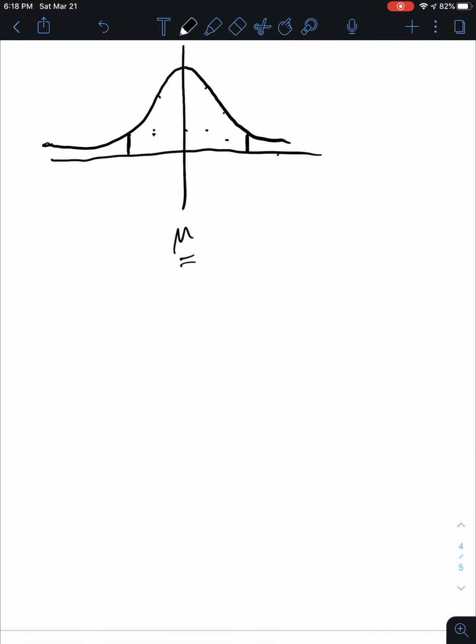But that's just the price that we have to pay in order to be able to do statistics. We have to realize that we're wrong sometimes. 1 in 20 is an acceptable margin of error in science. Most of the time we're in here.